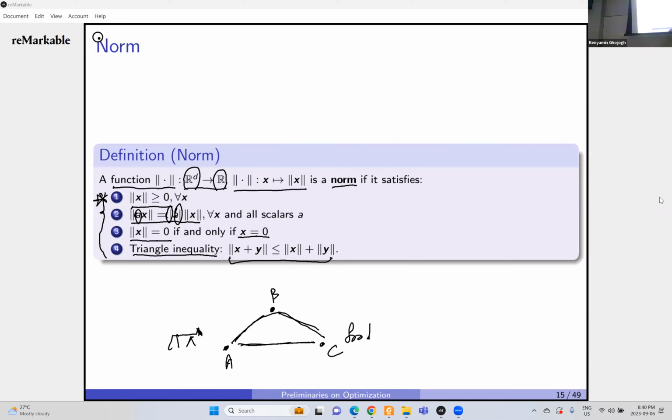The donkey wants to go toward the food. There are 2 paths. Which path does the donkey choose? A to C, because the donkey understands that the length of AC is less than the length of AB plus BC. That's the triangle inequality, right?